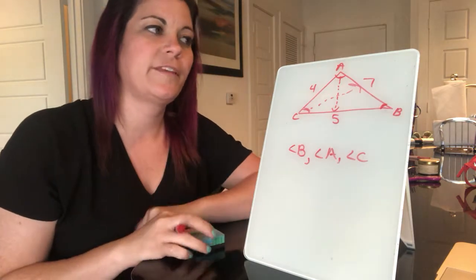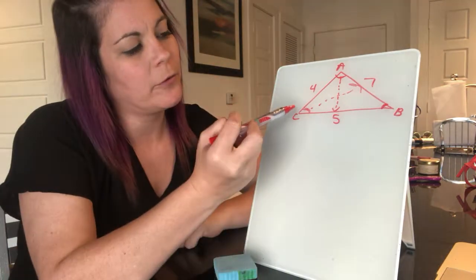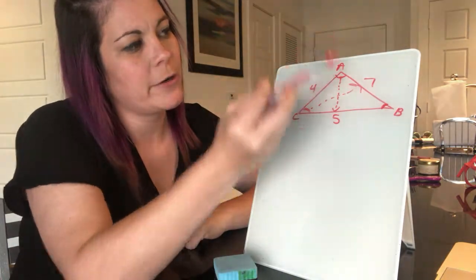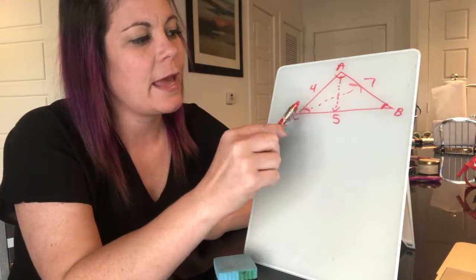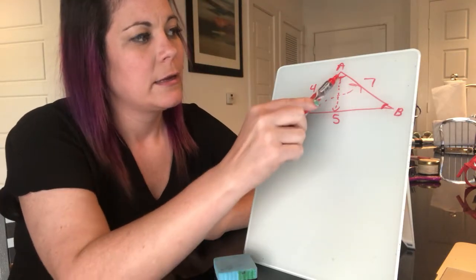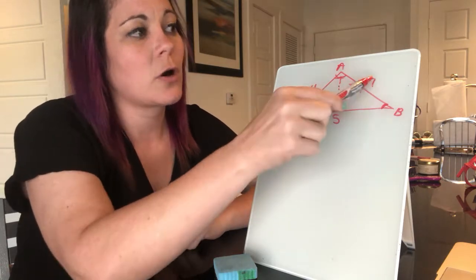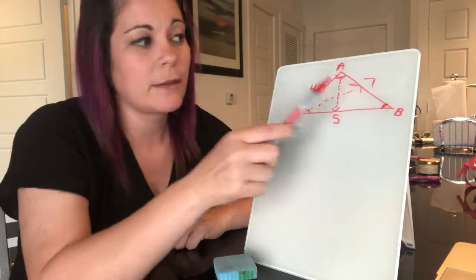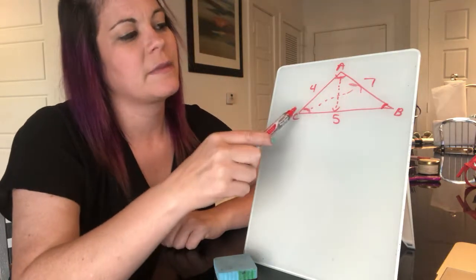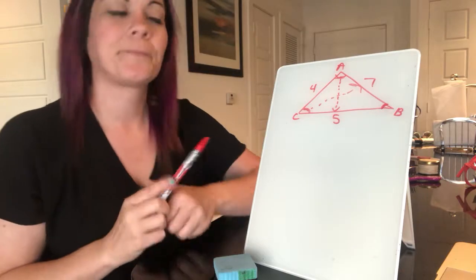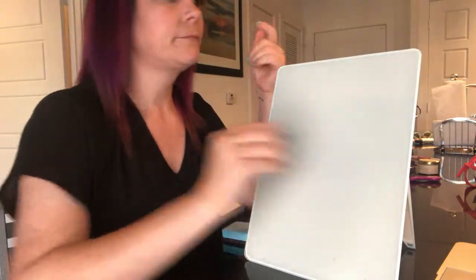So that theorem is saying, let's say that you had to prove that angle C was greater than angle A. Well, you could use this theorem because you could say, I could prove that angle C is greater than angle A because angle C is across from the larger side. So 7 is larger than 5, which means that C is larger than A. So that is what that theorem is stating.